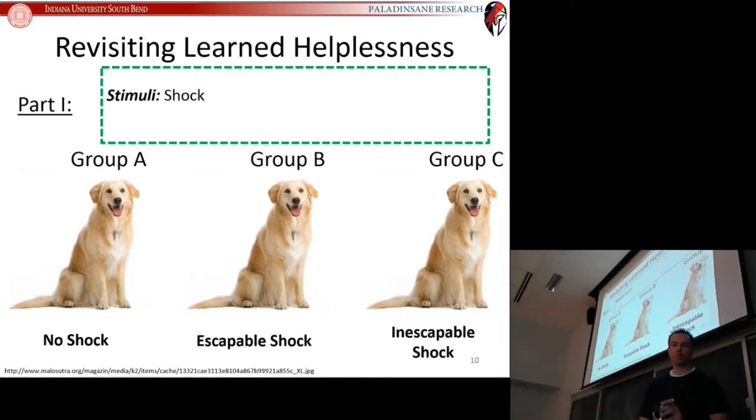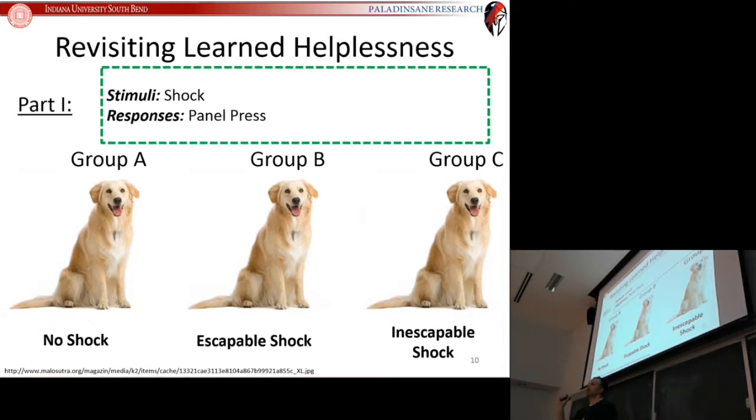And then what was the most salient or measured response? It was the stopping of the shock. It was the panel press. So that measured, key behavior was the panel press. And there would have been other behaviors, but that was the specific stimulus and response that they were looking for.